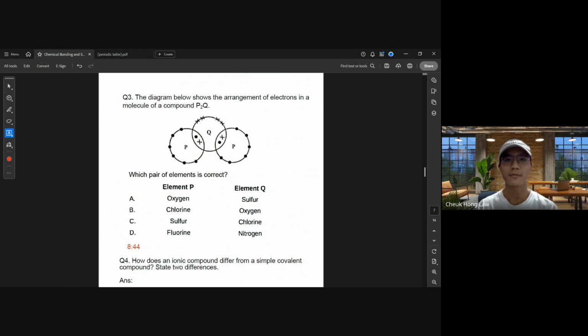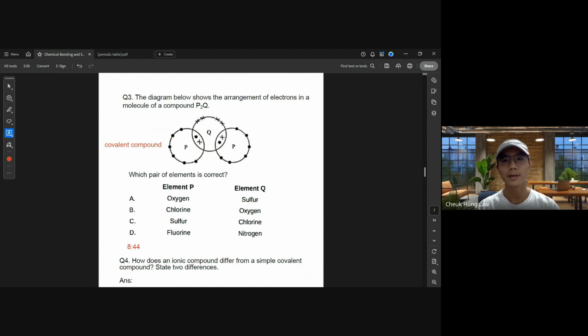From the diagram itself, I can immediately tell that it is a covalent compound, because there is the intersection of the atoms. Because there's intersection, there is sharing of electrons. Only covalent compounds have sharing of electrons.